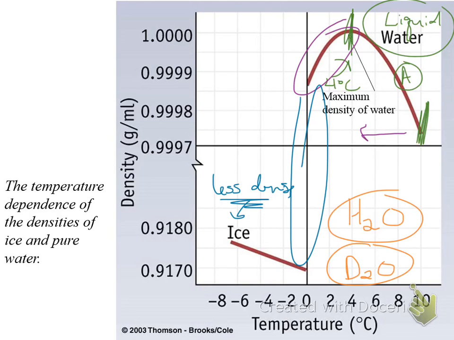D stands for deuterium, which is just another form of hydrogen, another isotope of hydrogen. That will sink. Ice cubes made of that will actually sink in liquid normal water. So that's a thought. They call that heavy water. And it really is heavy water.